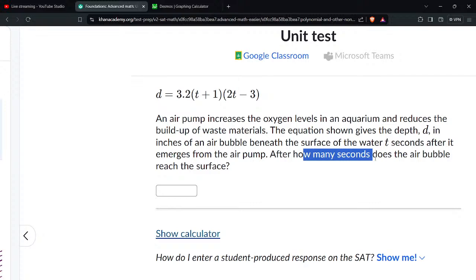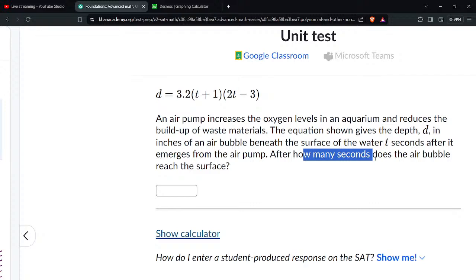How many seconds does the air ever reach the surface? Where d is equal to 0, right? When d equals 0, in addition, the equation shows that. Okay, first of all, we need to solve.